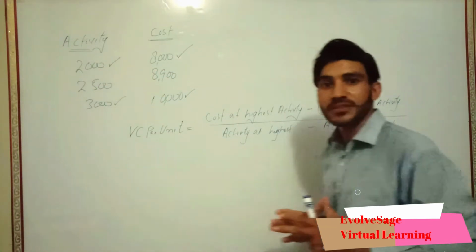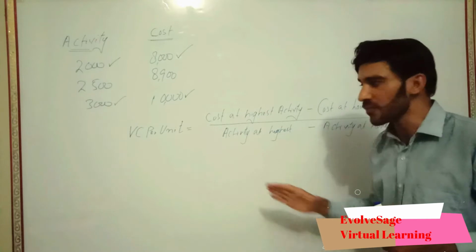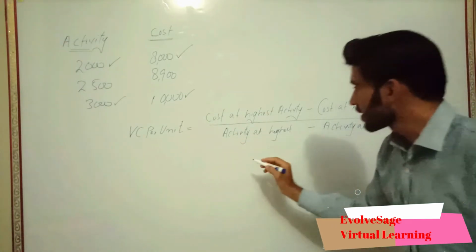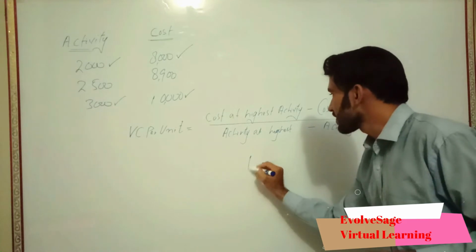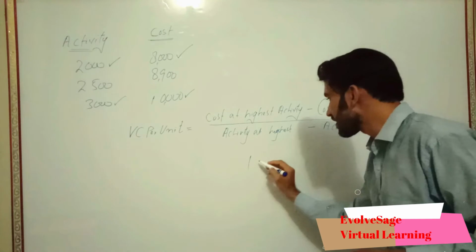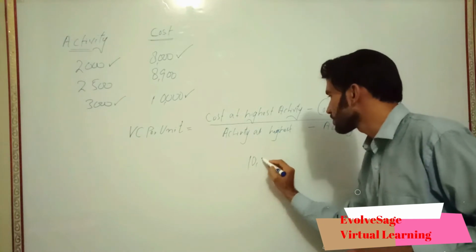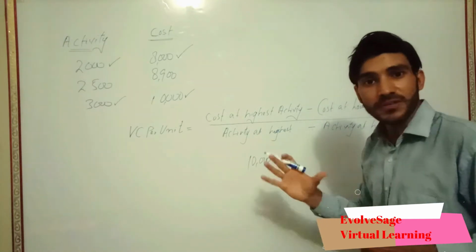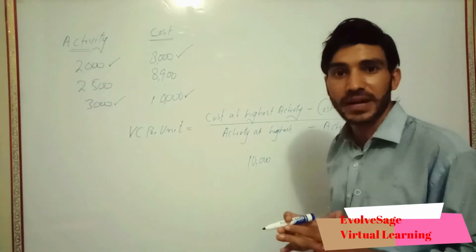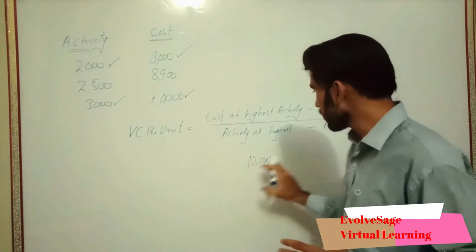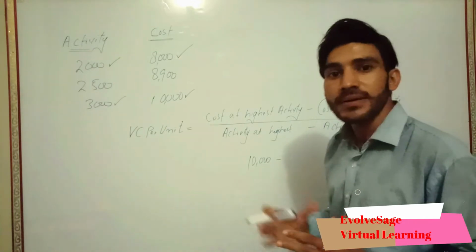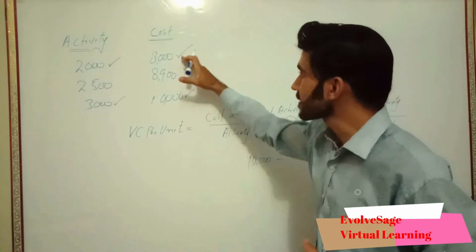Now it is very simple to calculate variable cost per unit. Our total cost at highest level of activity is 10,000, and our cost at lowest activity level is 8,000.